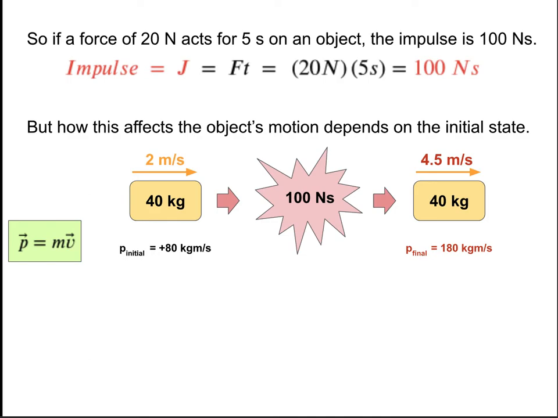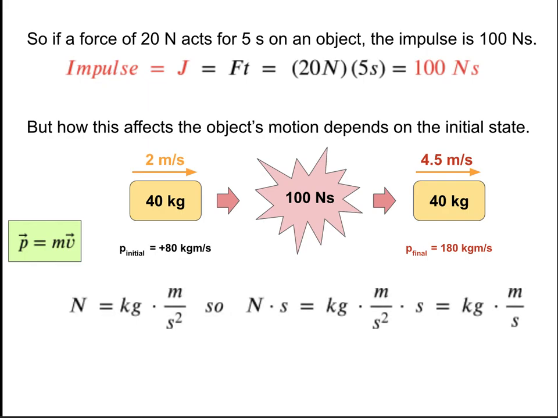All right, before we look at a second object, maybe you're asking, wait a second, how can you take kilogram meters per second and add newton seconds and then go back to kilogram meters per second? Let's take a quick look at the units. So remember that a newton is a mass unit times an acceleration unit. So kilograms times meters per second squared.